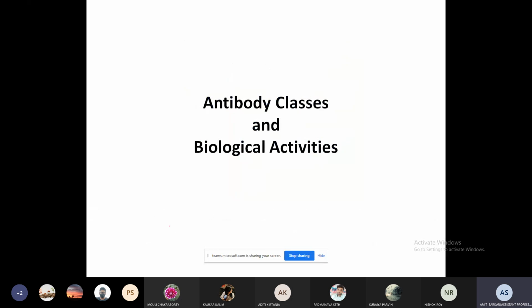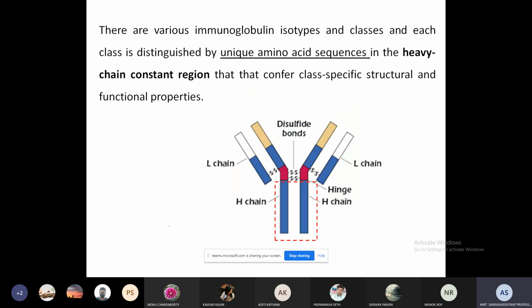Now I will look at the classes of antibody. Antibodies are not all the same. There are different classes, and their biological activities also differ from one another. As I said, only this region is constant, the variable region always varies. Now, various immunoglobulin isotypes or classes are found.